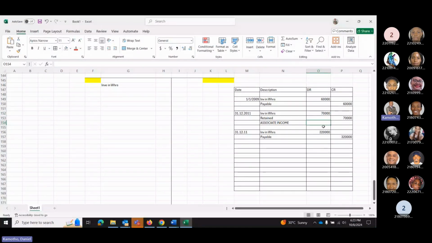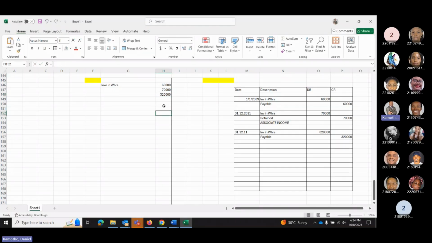And then now they do another investment. At this date, this is when it becomes a subsidiary. So if you look at the investment, it would have recognized the 60,000, the 70,000, and the 320,000 we have added.